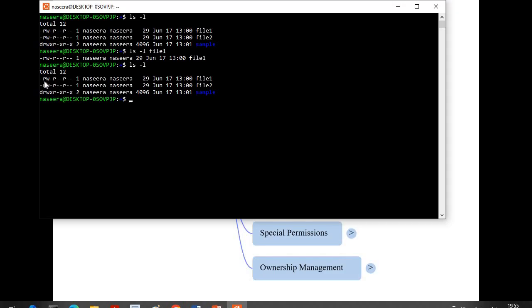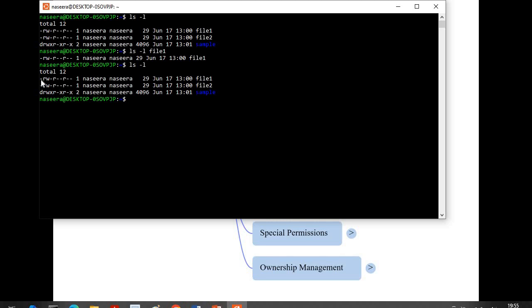After the first character, the remaining structure indicates what are the permissions corresponding to that file. And the remaining entries indicate who is the owner of the file, who is the group member to which that user belongs to, and what is the size of the file, and the date and time of last modification.